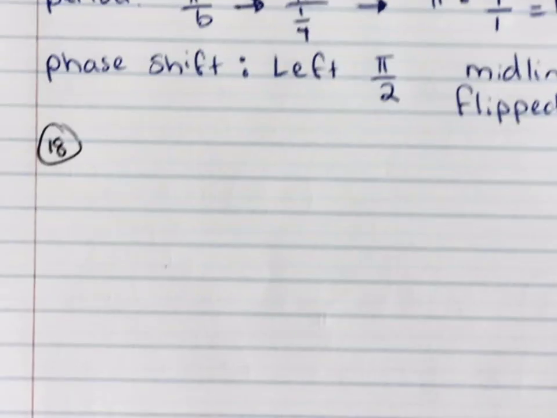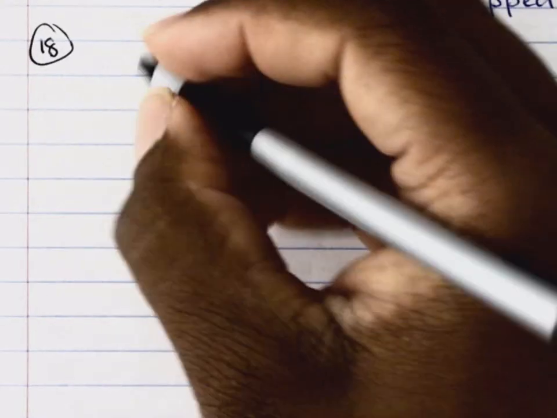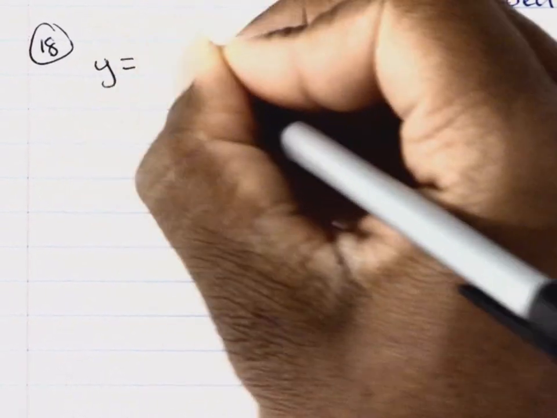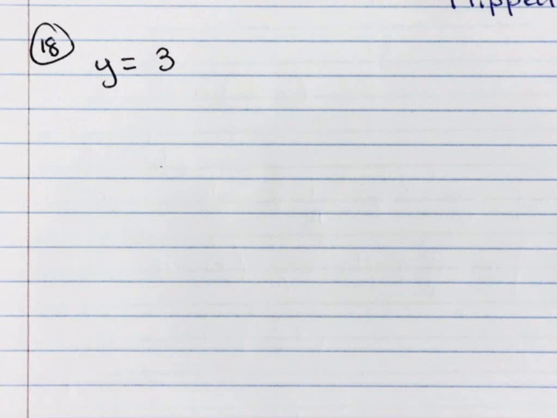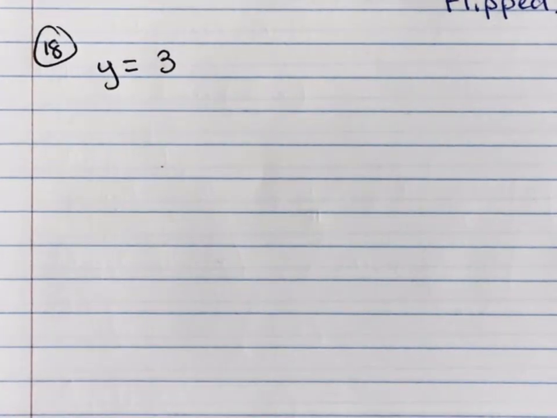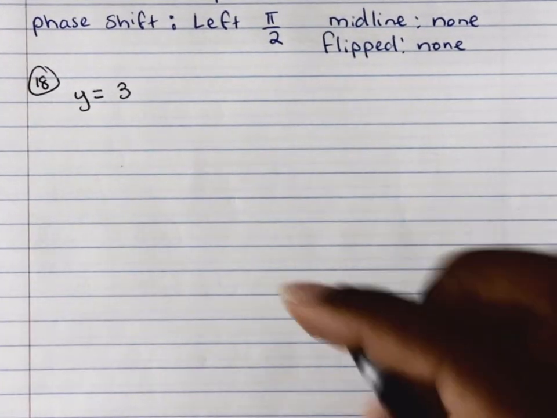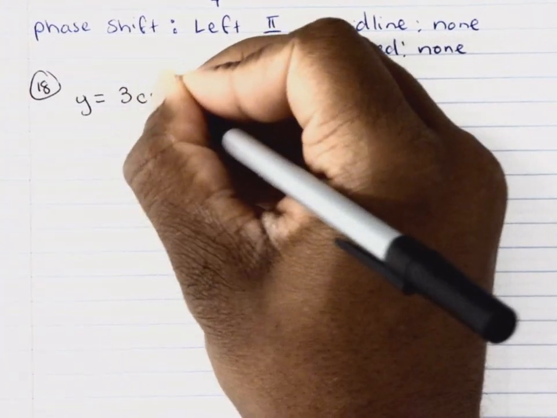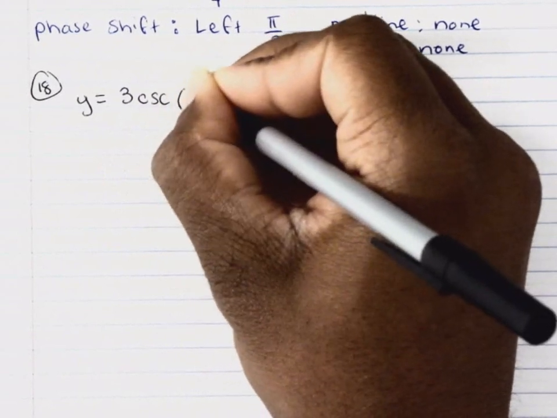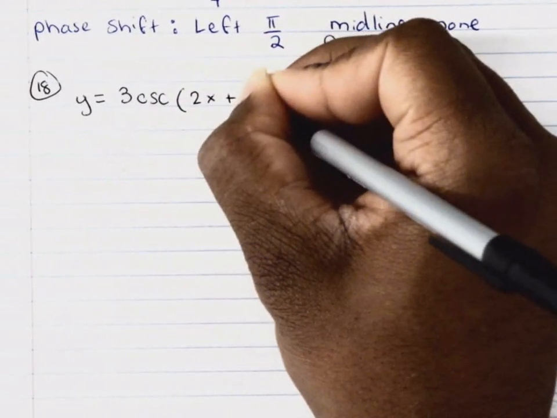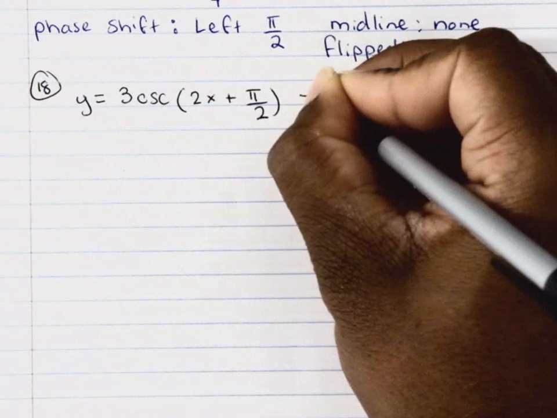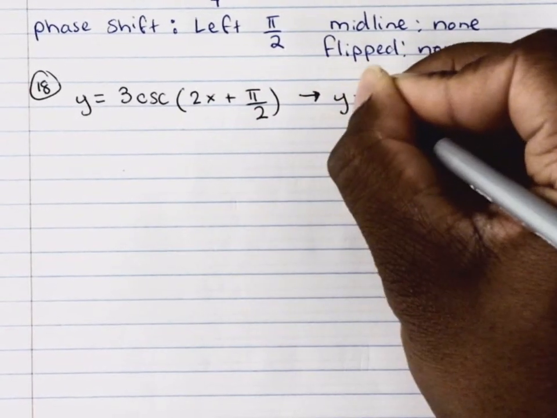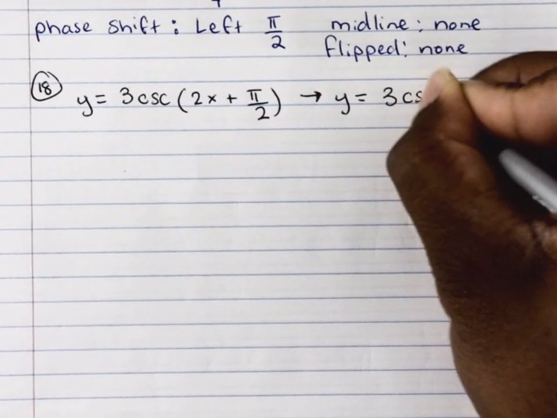18. We start off with y equals 3 cosecant 2x plus pi over 2. Standard form will be y equals 3 cosecant.